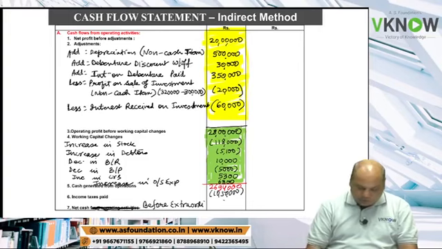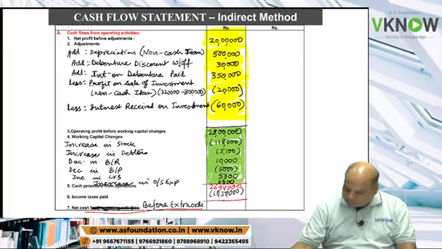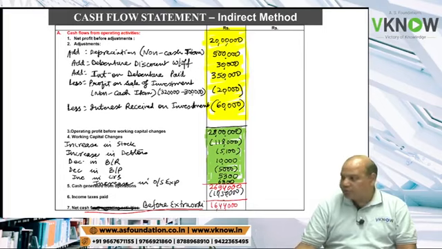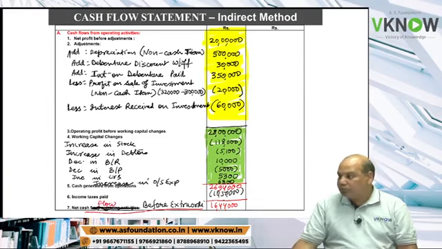Now minus tax paid 10,50,000. So net cash flow before extraordinary item is 16 lakh 44,000. Very good Sanket. Tanya is also right.